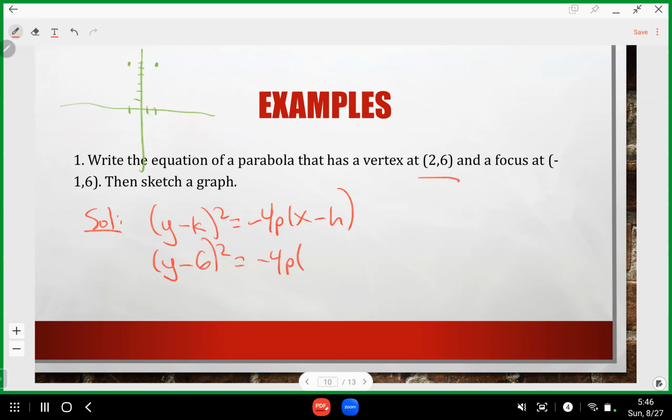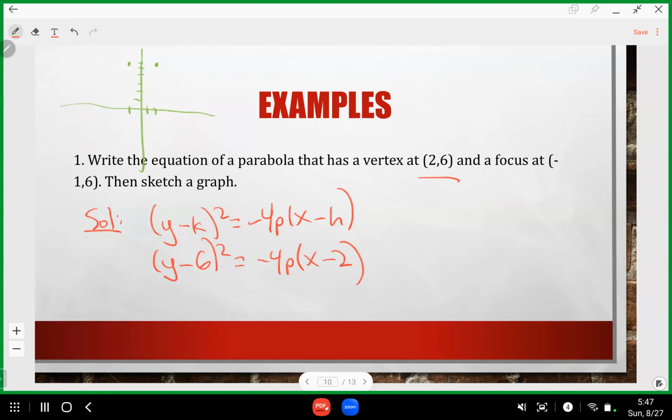What is h in the vertex? 2. Very good, so we substitute 2 for that. And then finally we need p. It is the distance between the vertex and the focus.